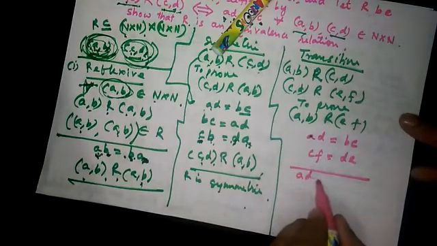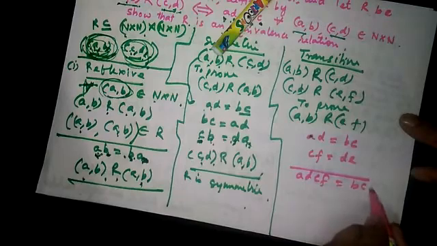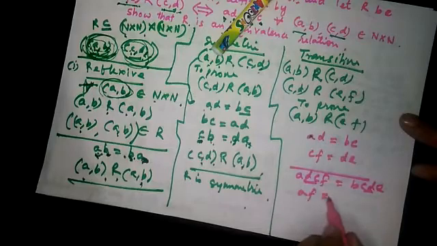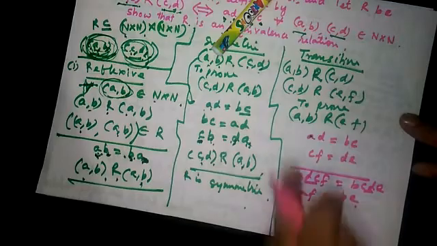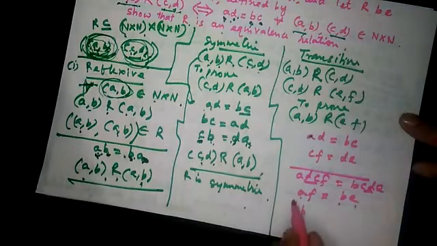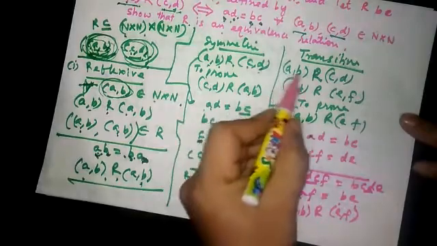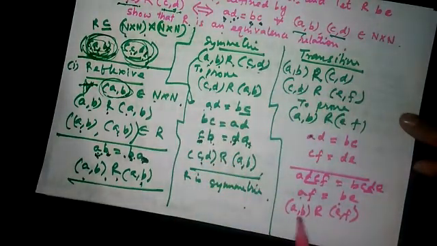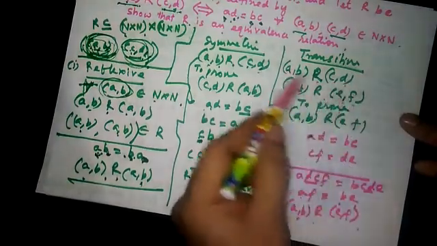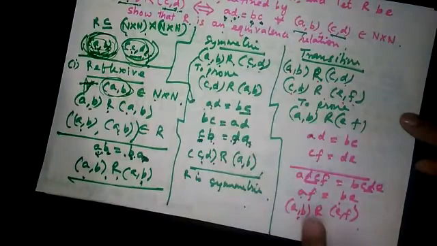Multiply these: AD CF equals BC DE. Cancel this to get AF equals BE. So I can write AB related to EF using this property. I started with AB related to CD, CD related to EF, and I have proved AB related to EF. Therefore, the relation R is transitive.